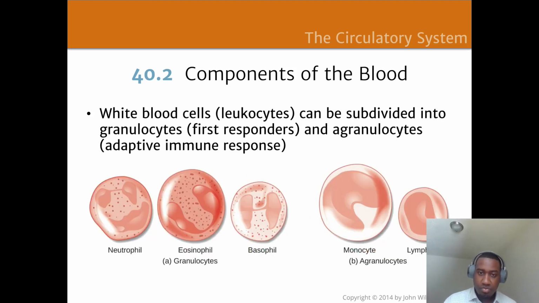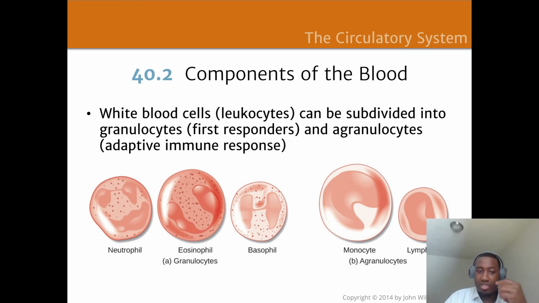All right? Good. So we talked about these white blood cells earlier. White blood cells, aka leukocytes. For now, what I want you to know is you can subdivide them into granulocytes, which are first responders, and agranulocytes, which are adaptive immune response. These two terms don't really make much sense right now, and that's okay. We'll spend a good portion of the immune chapter talking about these.